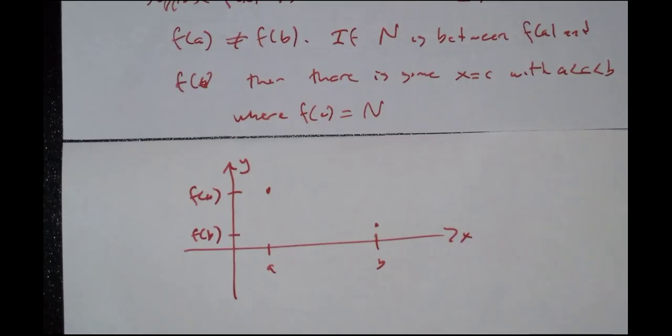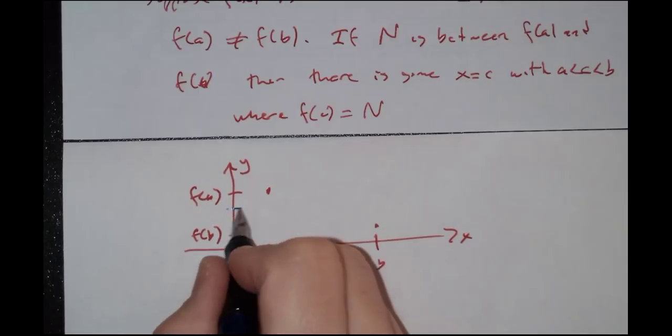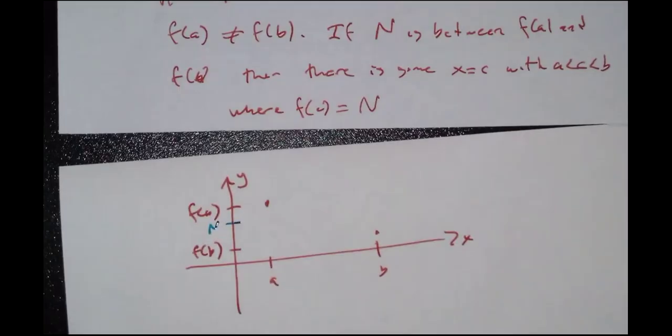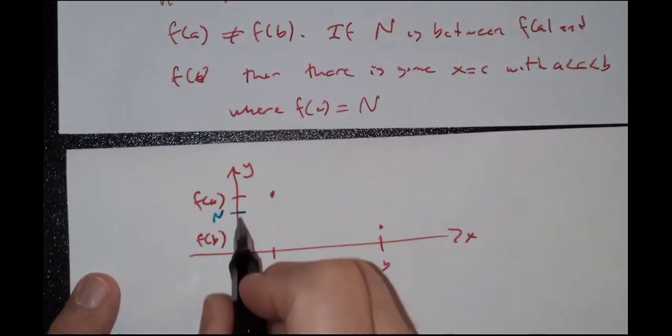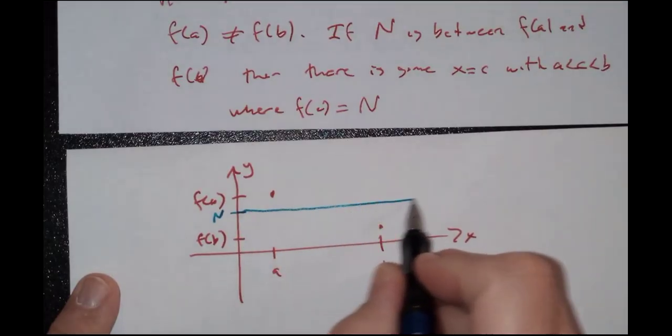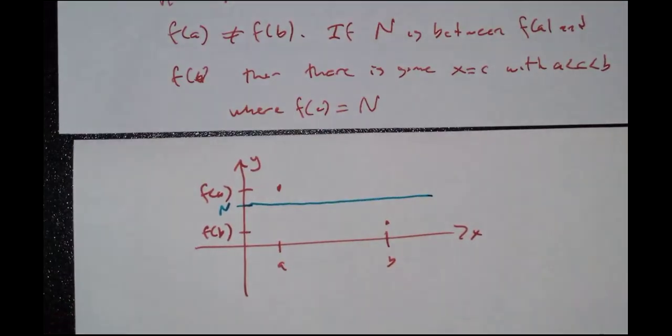Now, this sounds insane. So here's what I want you to do. On your picture, pick a value between f of a and f of b on the y-axis and make a mark. I don't care if it's close to f of a or close to f of b or right in the middle. Pick a spot and call that n. And then draw a horizontal line at that height. You with me so far?